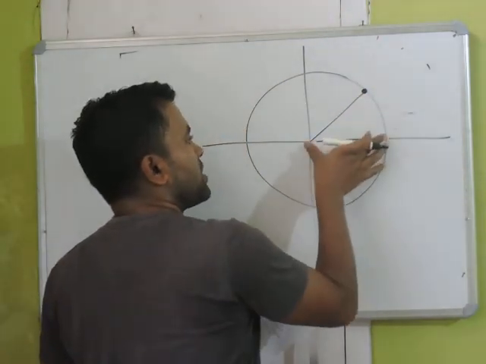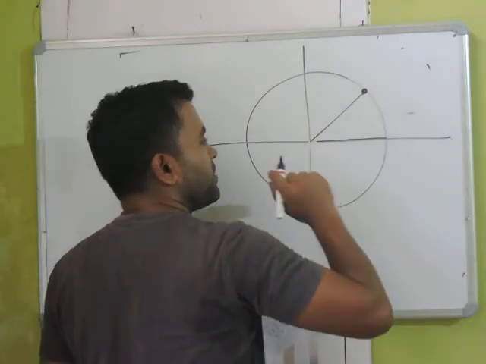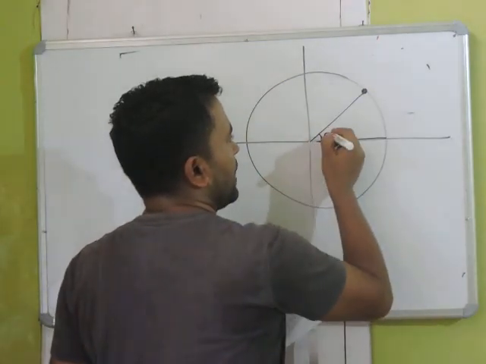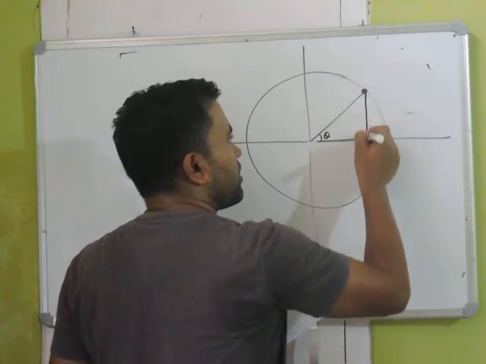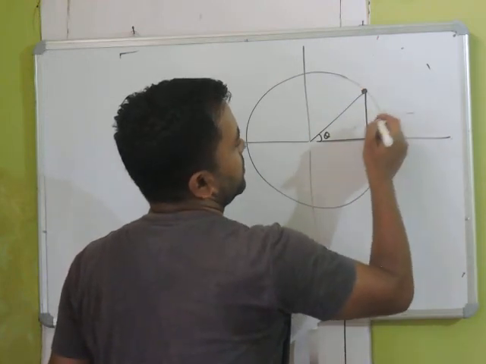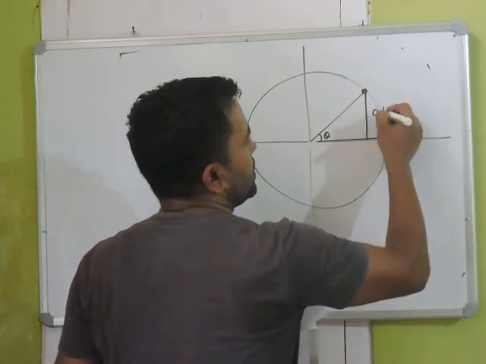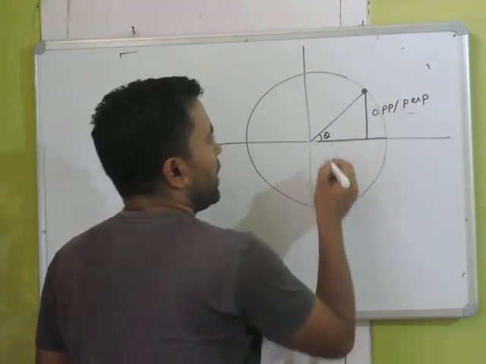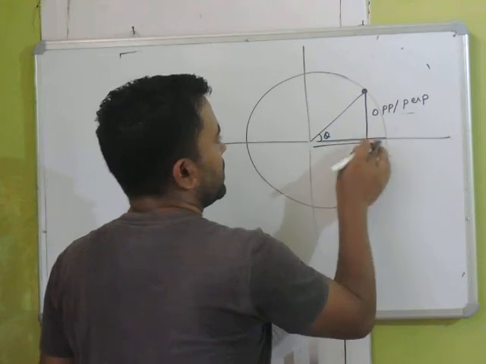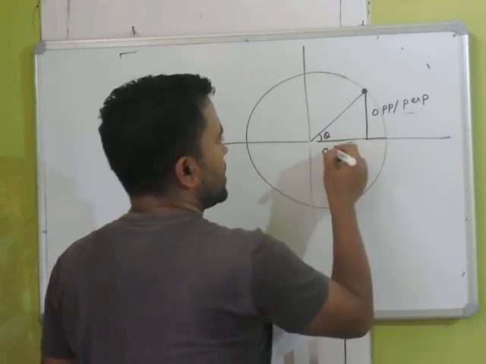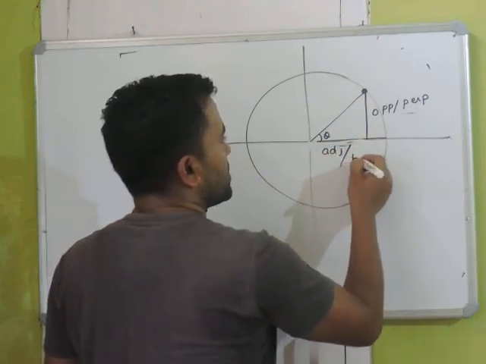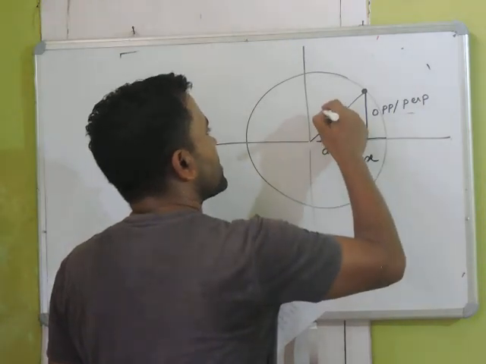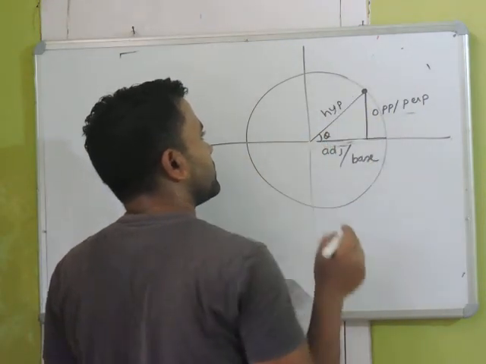This line is continuously moving. This is the angle, and if I draw a perpendicular, this is called the opposite side or perpendicular, this is called the adjacent side or base, and this is the hypotenuse, right?